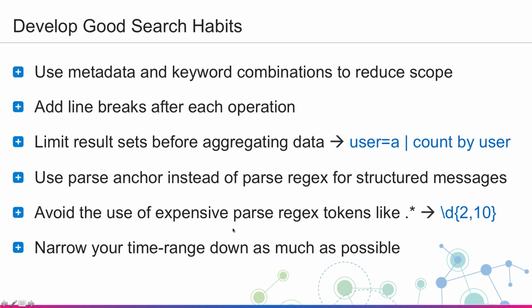Okay. When you do use parse regex, you want to avoid very expensive tokens like .star, right? You don't want to look at everything to try and find where a field exists. You want to really specify, okay, so this field exists where there is a digit that's 2 to 10 characters in length somewhere in my logs.